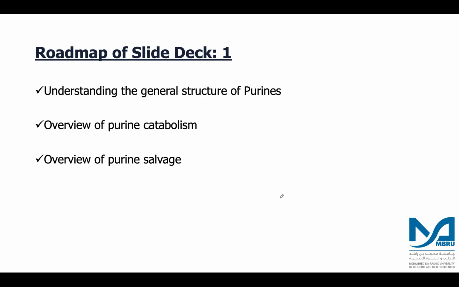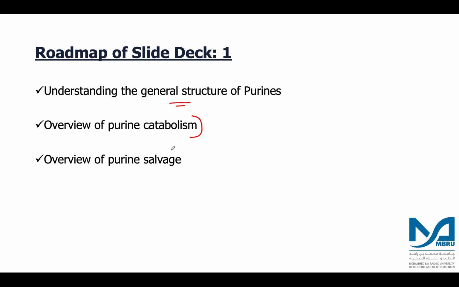What we are going to do in slide deck 1 is to understand the general structure of purines, then look at the broad concepts associated with the catabolism of purines.